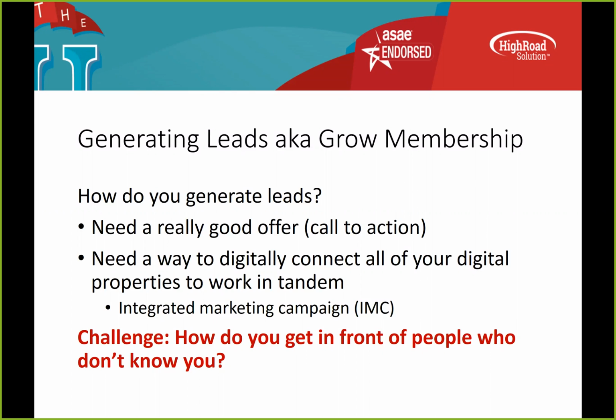Then obviously you need a way to digitally connect everyone together, right? You need to have all of your digital properties sitting out there working together to get that message out and have that expandable reach. Just because you're putting something out on Twitter doesn't mean you're going to get the full reach you would potentially get with an integrated marketing campaign, where you're not only having your statement out there on Twitter to say we have this brand new webinar series, please join, but you're also using your current communication vehicles.